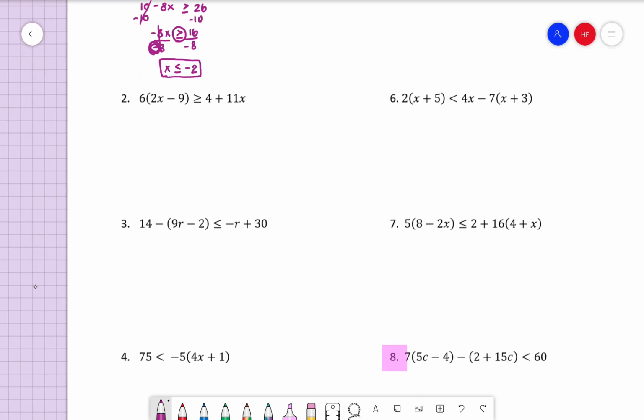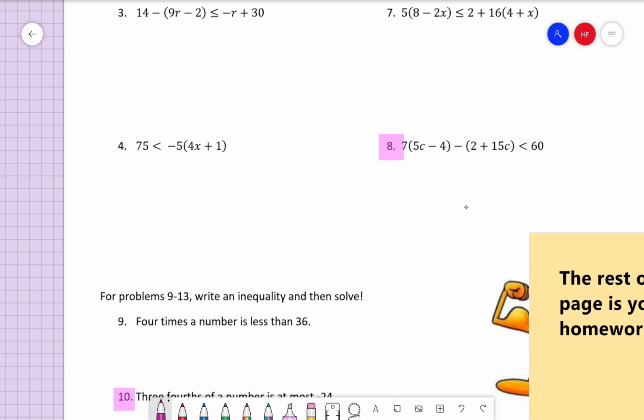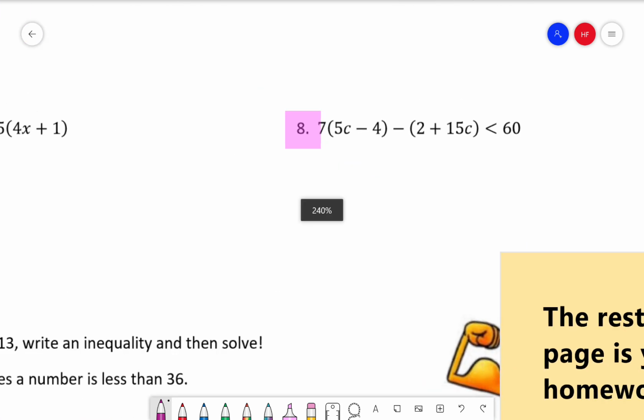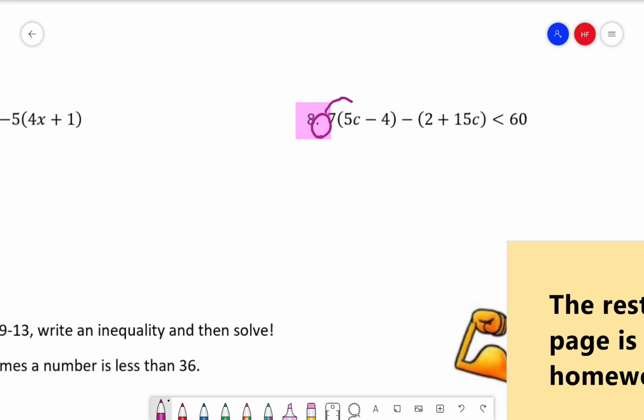Then the next one we're doing is number 8. So on number 8, we've got distribution. Distribution of this 7 and distribution of this negative.